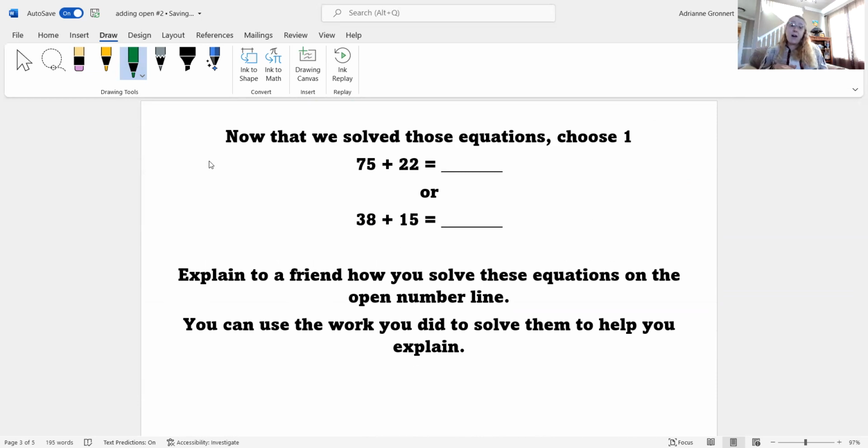Either choose 75 plus 22 or 38 plus 15. Take your time to explain to a friend how you solve these equations on an open number line. You can use the work you did solving them to help you explain.